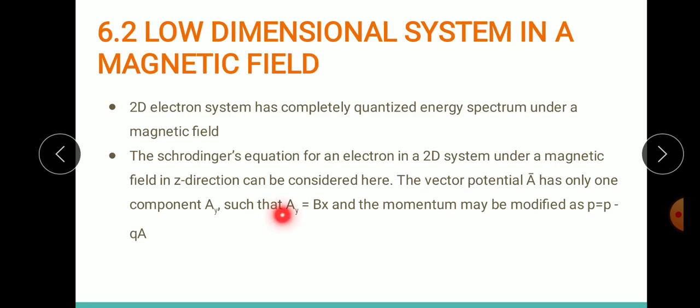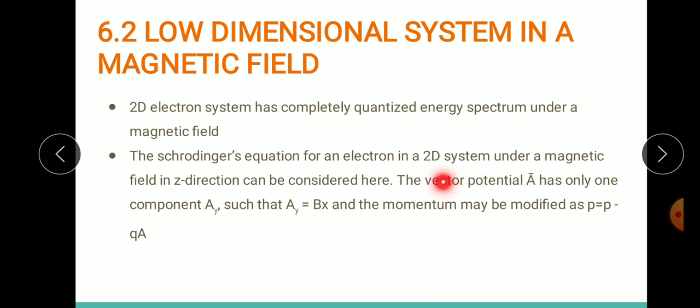In such a case, I can represent Ay equal to Bx, that is the y component depends on x. B is your magnetic field, right?